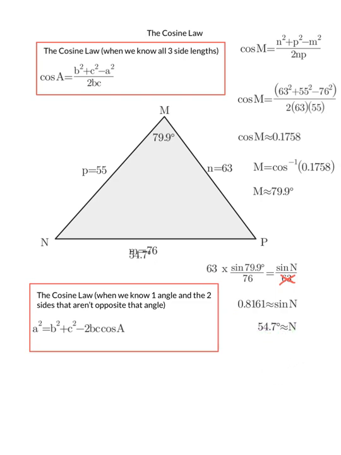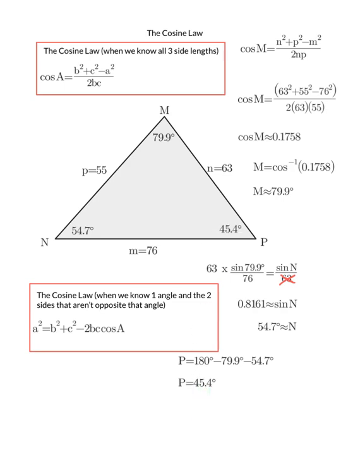Of course, we just did the sine inverse of what we got here to get that. And now all we have left is angle P, so we can just do 180 degrees minus 79.9 degrees minus 54.7 degrees to get angle P is equal to 45.4 degrees.